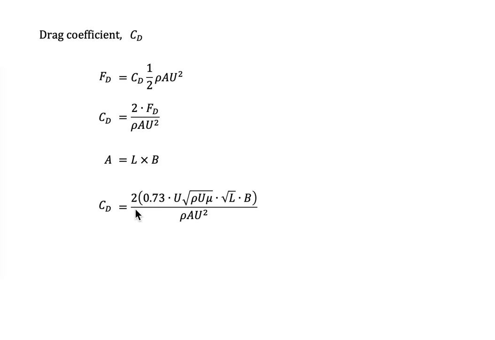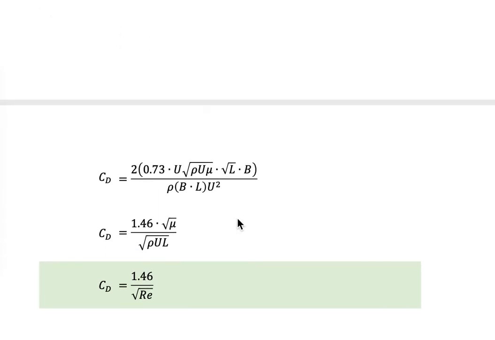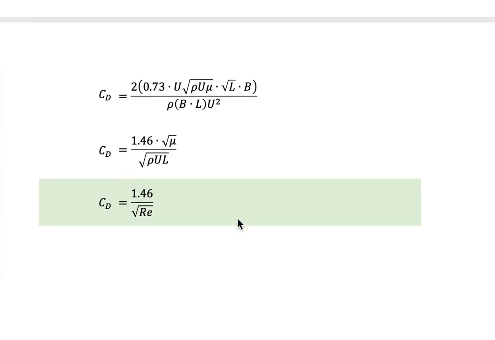We substitute the value of F D that we got from the previous slide, so we could write C D equal to this. Then we simplify this term, and finally we represent it with Reynolds number, and we get that C D is equal to 1.46 over square root of Reynolds number.